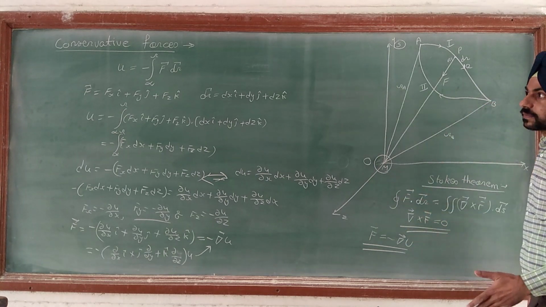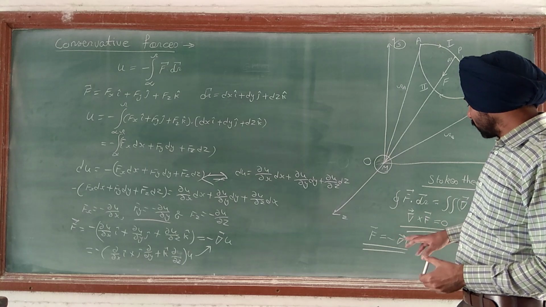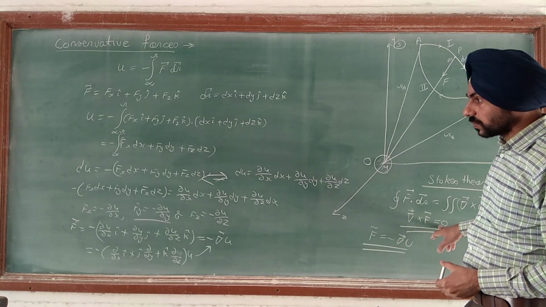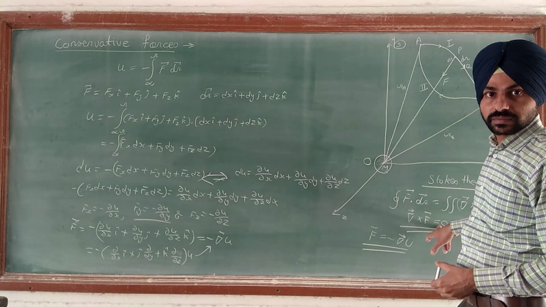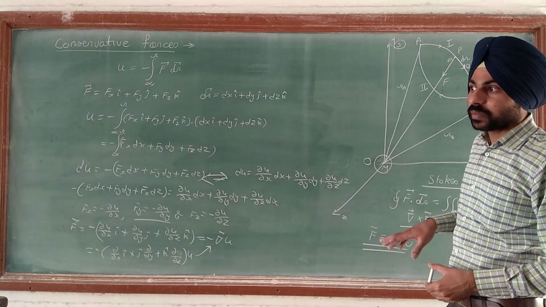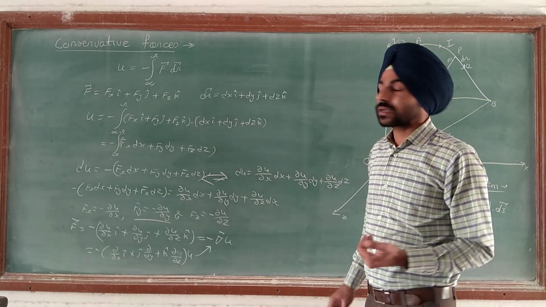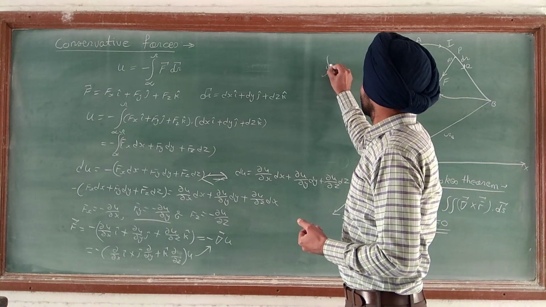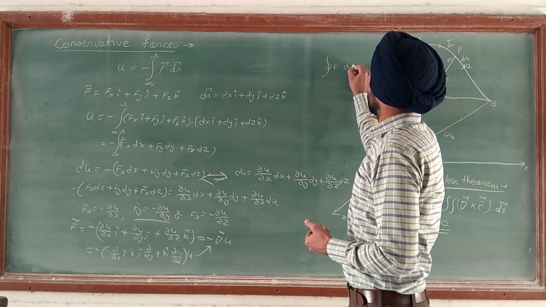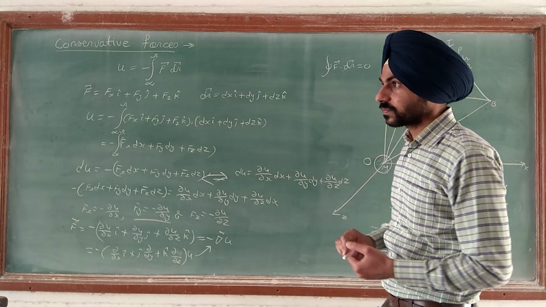Second, if the curl of a force is 0, then the force is said to be conservative. Third, if the work done by the force over a closed curve, that means the closed integral of F dot dr, is 0, then again the force is said to be conservative.